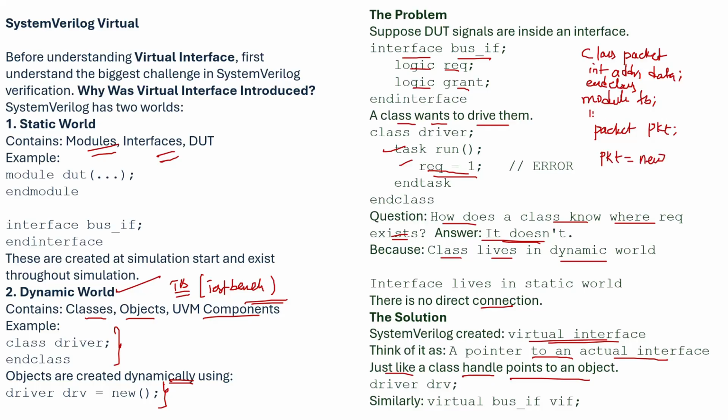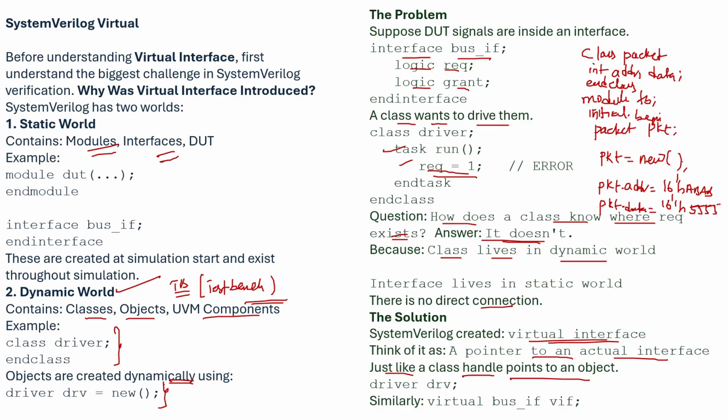So in the initial begin, I take packet equal to new. Based on that the object is created, then packet dot address equal to some value, hexadecimal AB, and then packet dot data, 16-bit hexadecimal, some 5555. This way we are getting the signals in the testbench, right?